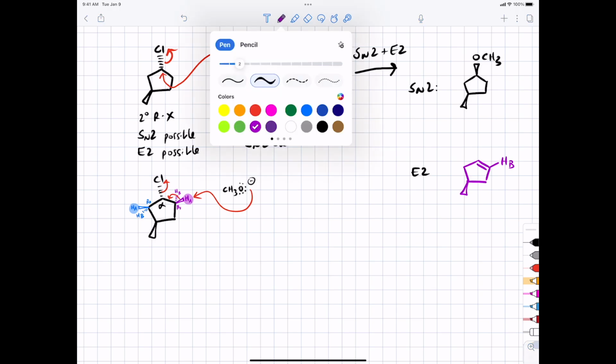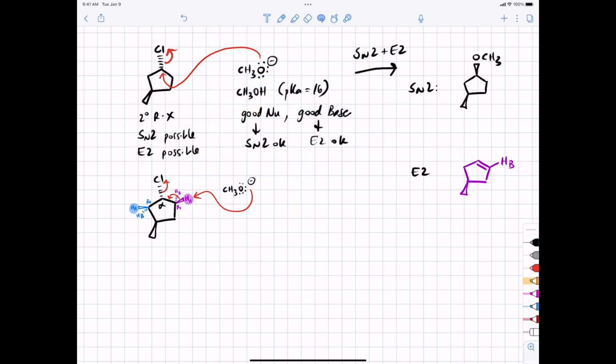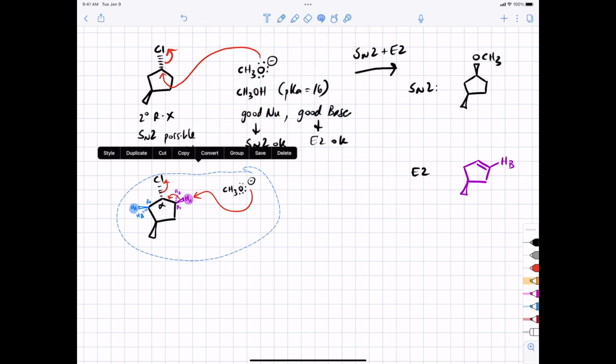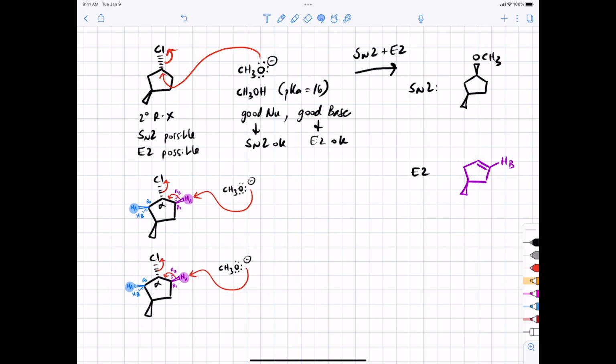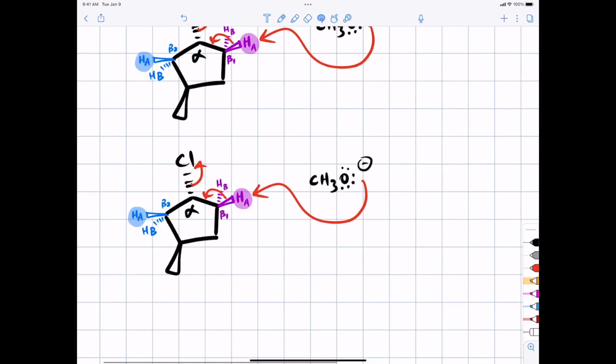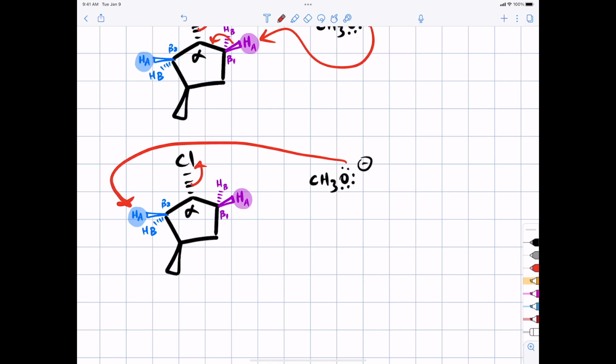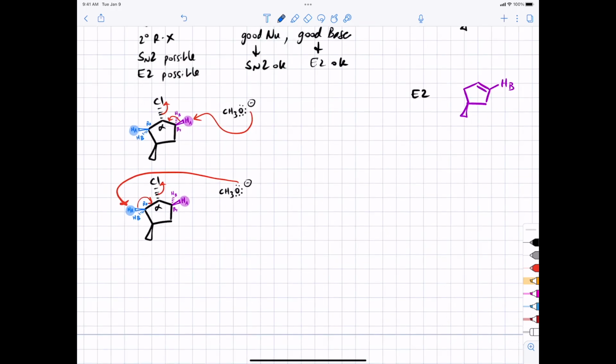On the other hand, if I instead have my methoxide act as a base to remove blue beta proton, then the product I'm going to get, I'm going to show over here in blue, is going to look like this. Left behind will be blue beta proton, and we'll have this product.